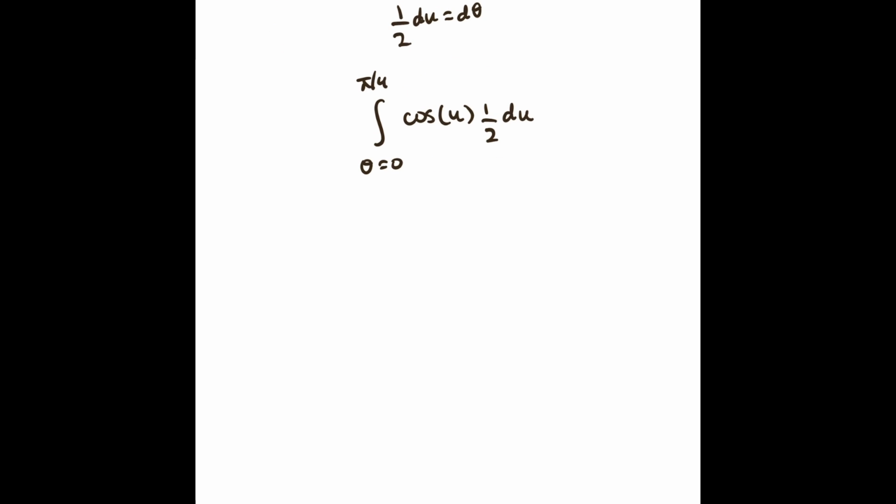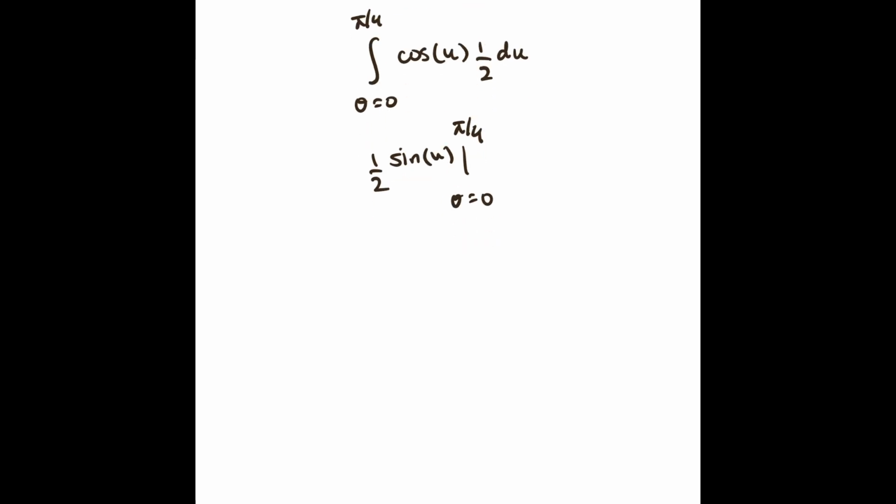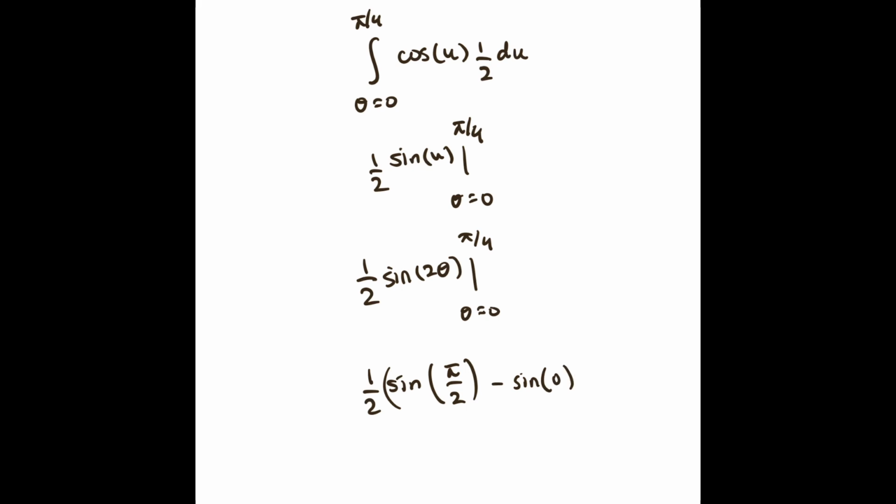So for this answer, we know the integral of cosine is sine, and then plugging back our u, which was 2 theta, we can evaluate the integral. So I'll have 1/2 sine of pi over 2 minus sine of 0.